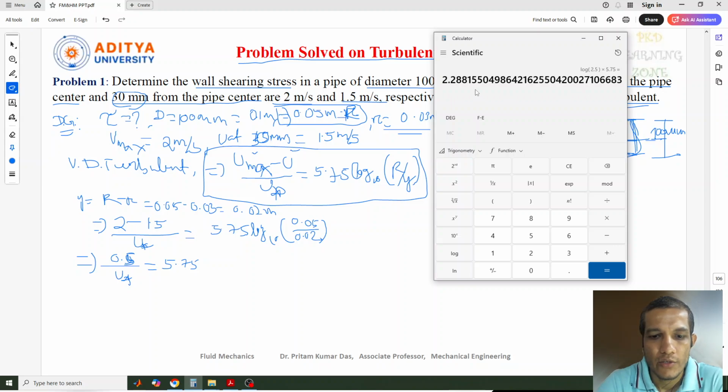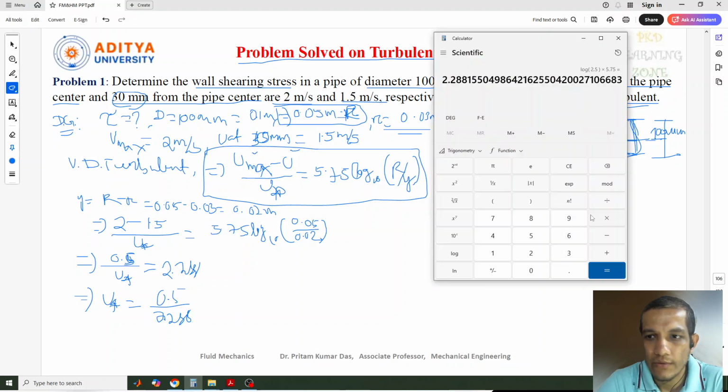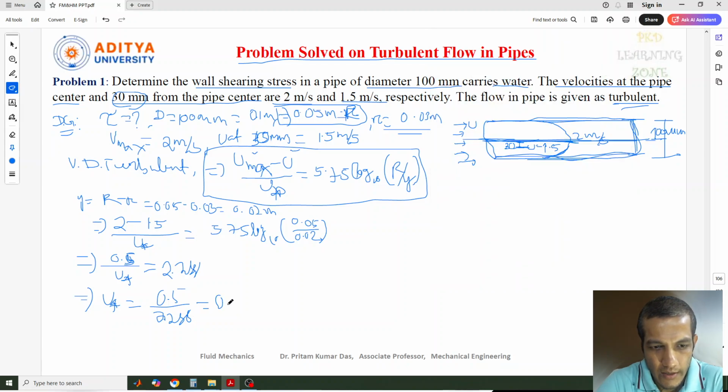So it is 2.288, and u star equals 0.5 divided by 2.288, which is 0.218 meter per second. This is the shear velocity.